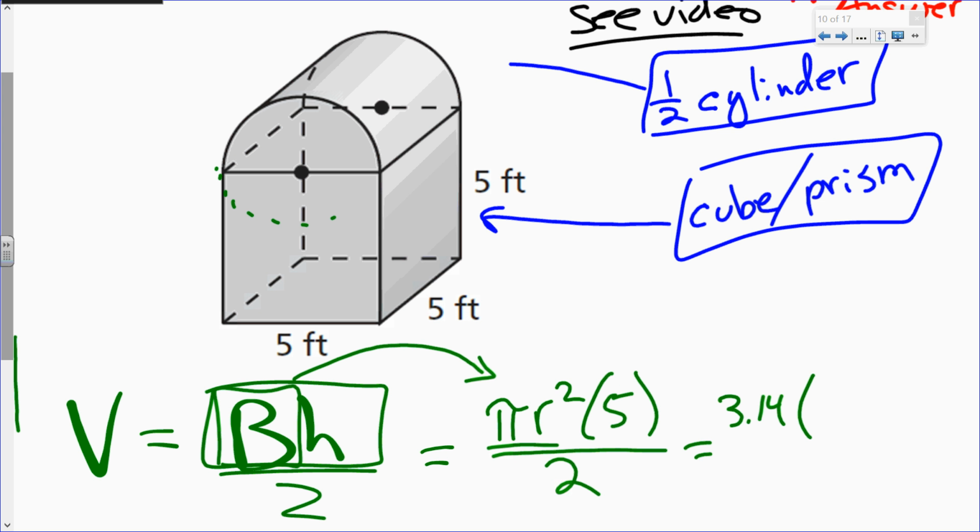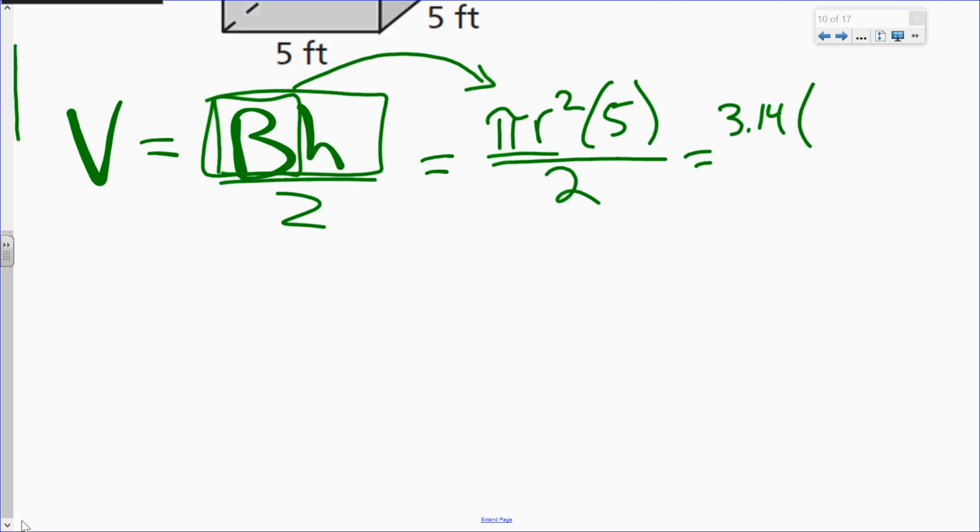Look, here's a circle. Here's the diameter is 5. Half of the 5 is your radius. So half of 5 is 2.5. 5 divided by 2 is 2.5. So my radius is going to be 2.5. Very nice, Mathilda. Here we go. 2.5 squared times 5 divided by 2.